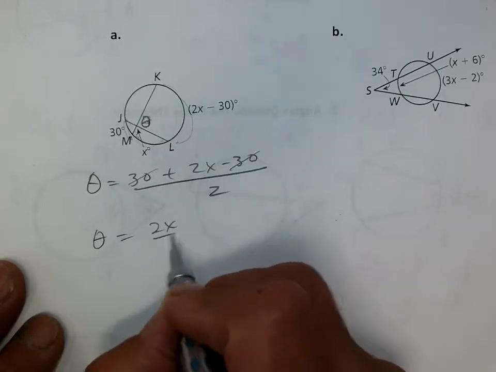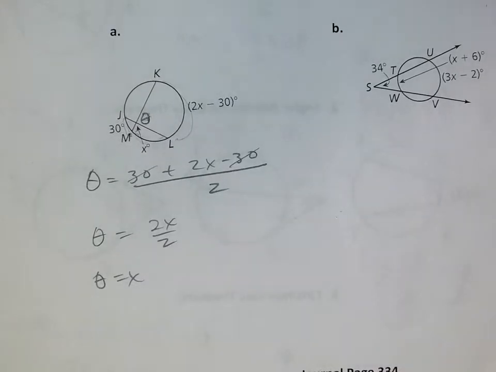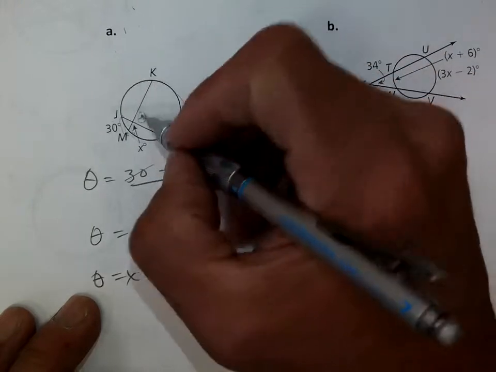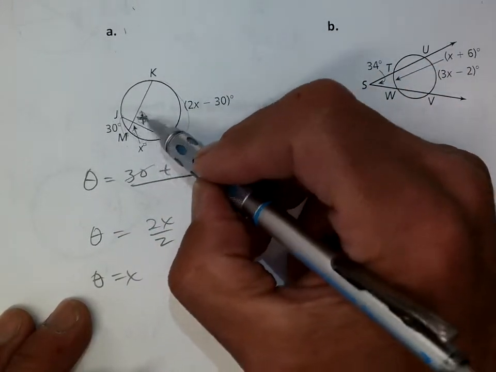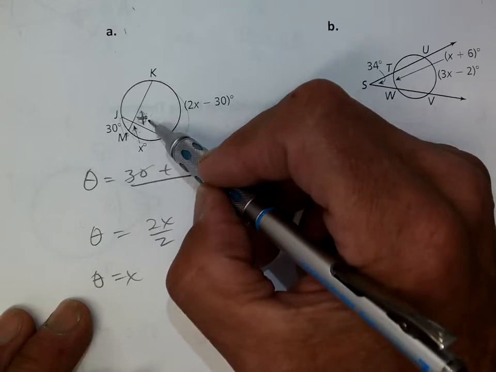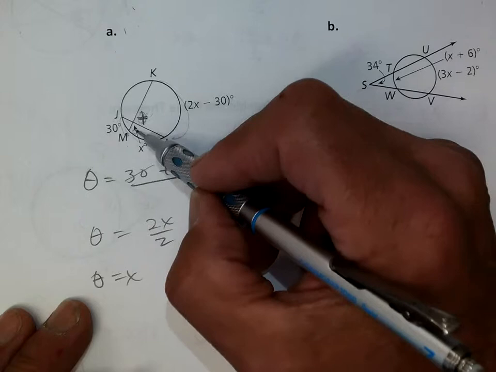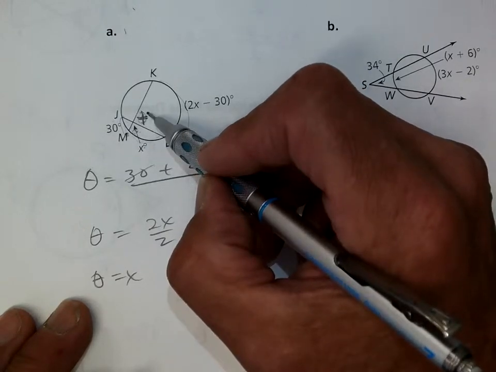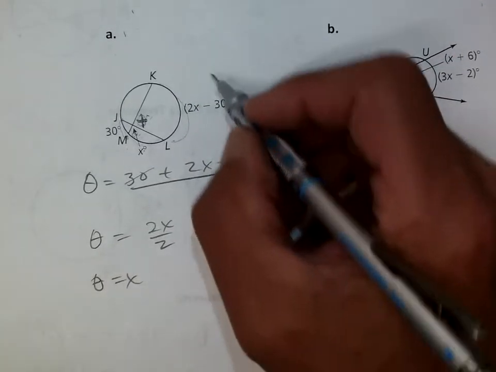I get 2x over 2. Theta is equal to x. Well, that's weird. If theta is equal to x, then wait a minute, x and x, it's got to be 90-90. You guys agree? It's got to be, because I know x plus x makes 180, right? So it's got to be 90 degrees.